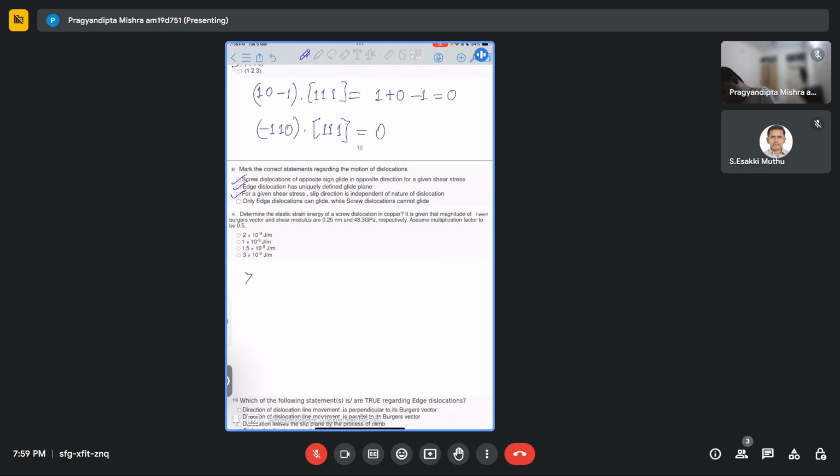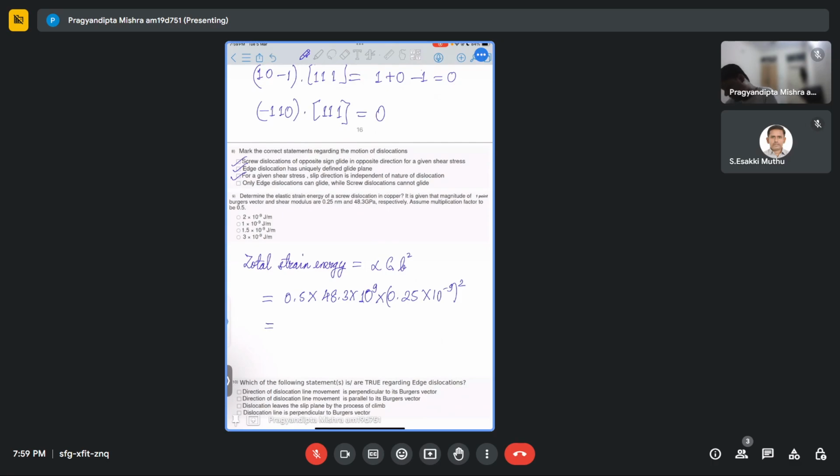So then it is very straightforward. Total strain energy will be equal to, let's write down the formula first, alpha G b squared. So it will be equal to 0.5 into 48.3 into 10 power 9. Let's convert GPa into pascals so that we can write it in joule per meter, into the Burgers vector, which is 0.25 into 10 power minus 9, whole squared. So everything is in SI units, so it will be joule per meter. You will get the final answer.